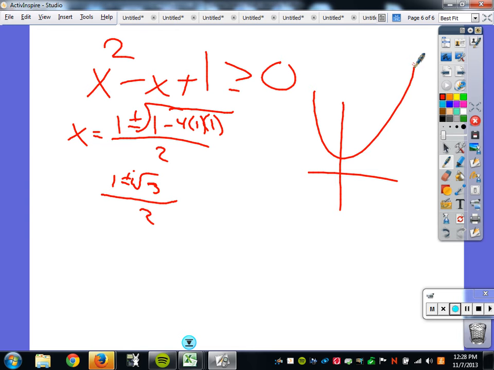Looks like this. Where is this graph greater than 0? Everywhere. Well, how do we say everywhere? Negative infinity to infinity. Make sense? What if I said this graph was? Oh yeah. What if I said this?